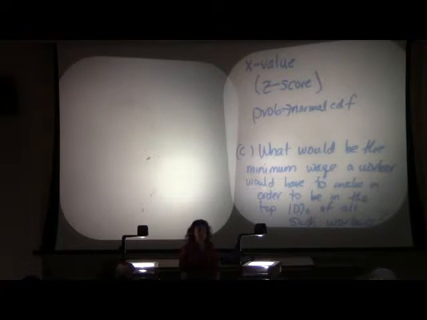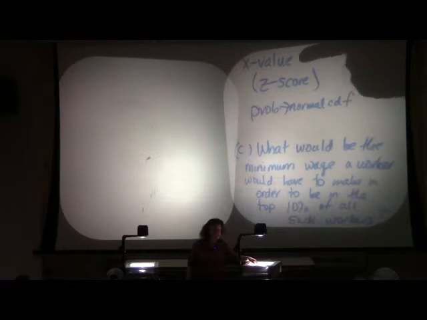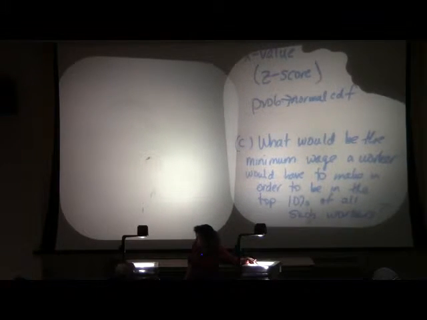All right. Do you guys agree I am not being asked to find my probability here? I'm given my area or my probability. Now what I want to do is find the wage, and in this case that's my x value. That corresponds to this.